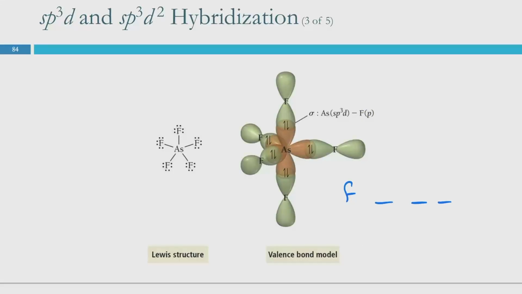It's the p orbital from fluorine because of the orbital diagram. We've got the unpaired electron in a p orbital on fluorine, so that's the one that's available to bond, rather than using an s orbital, because we don't have an unpaired s orbital.